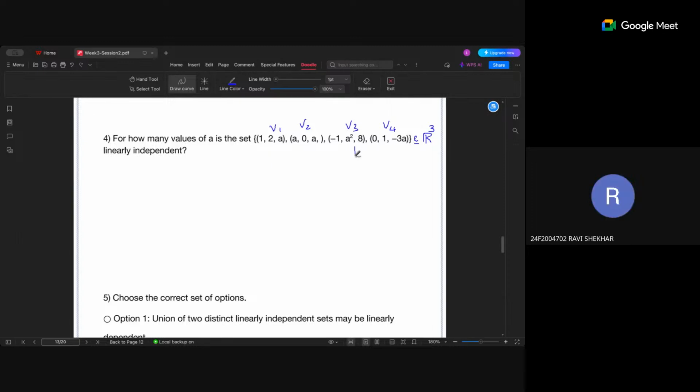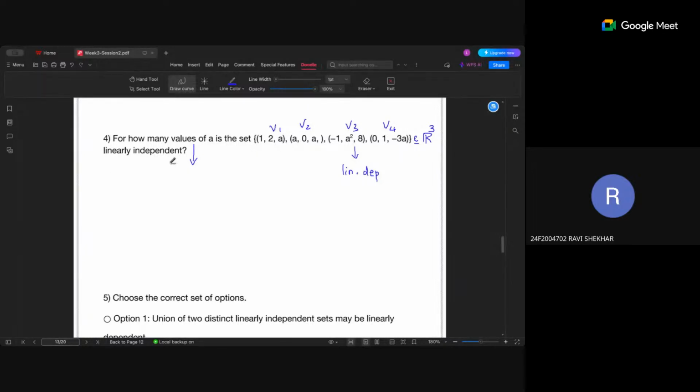It is linearly dependent, because there are four vectors from R3. So how many values of A can make it linearly independent? This set is linearly dependent already. So the question is for what values, or how many values, of A will make this set linearly independent?